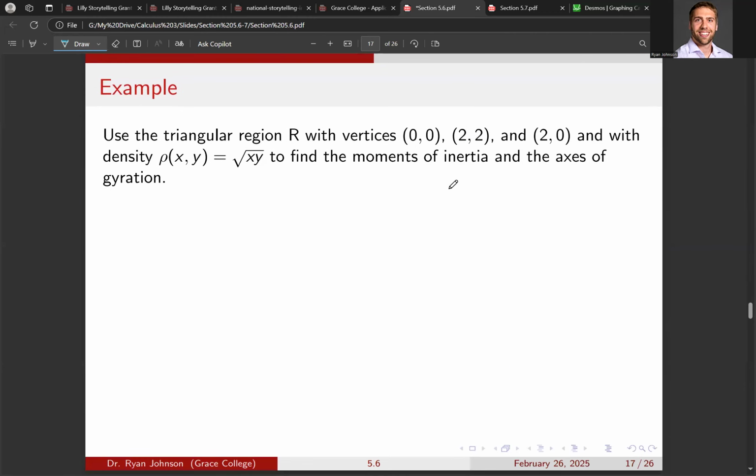My example here is basically number 323, but with a different size triangle. This is a better triangle. It's a 45, 45, 90 triangle.